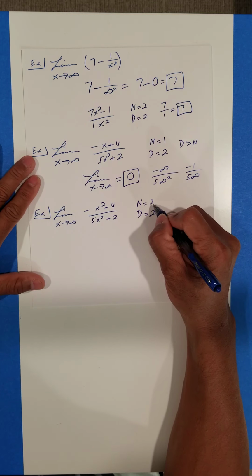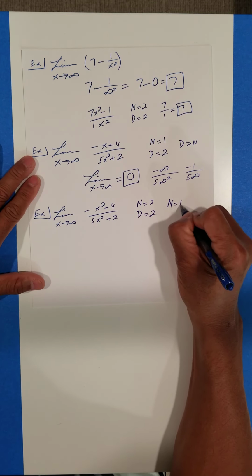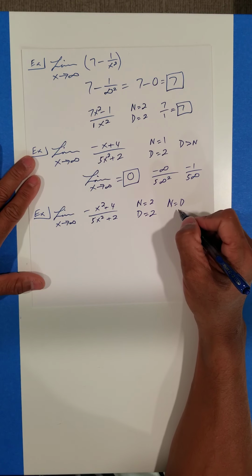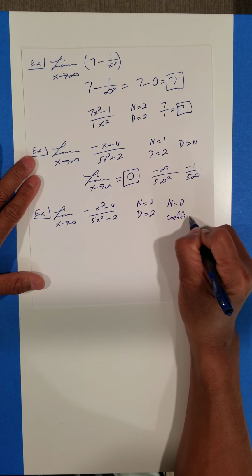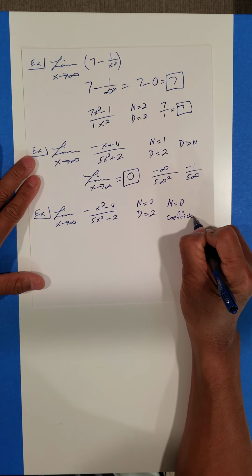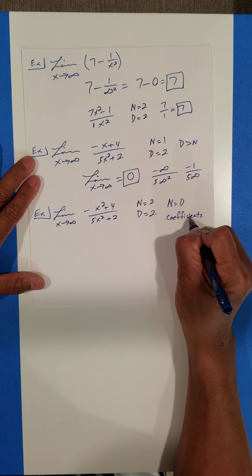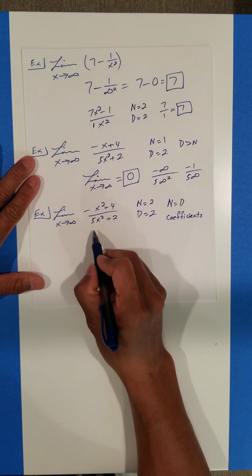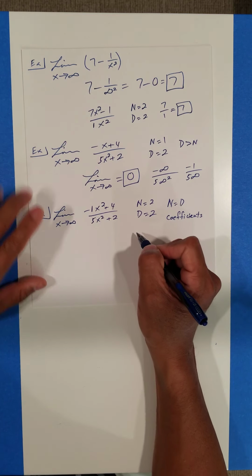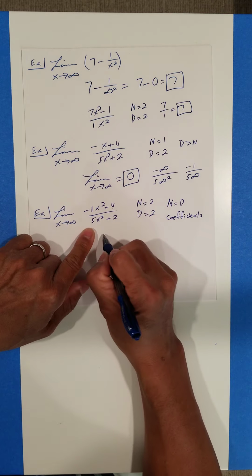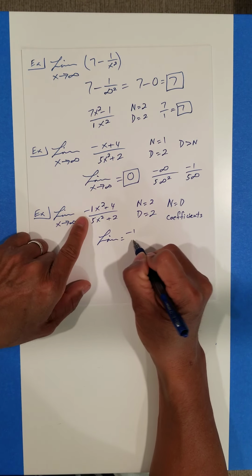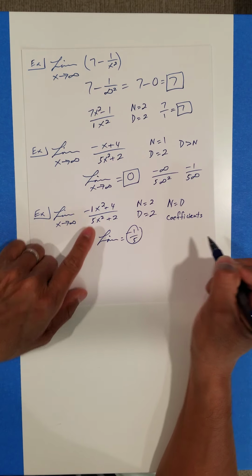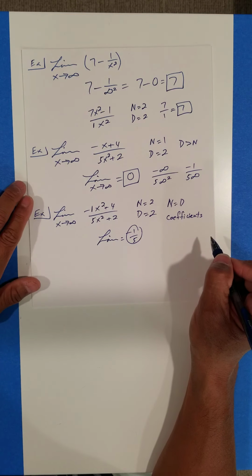So since they're equal, we want to look at the coefficients. Since the degrees are the same, we look at the next best thing, the numbers in front of them. So my limit will be -1 over 5. So that's my limit.